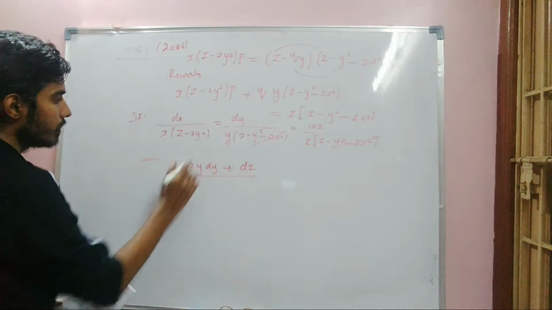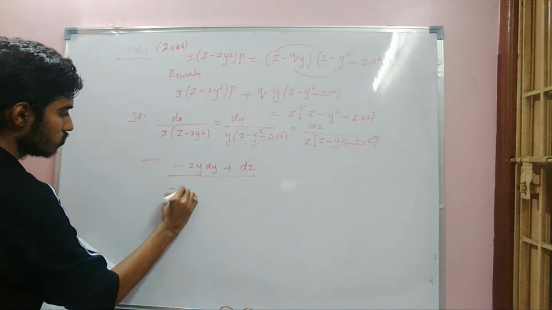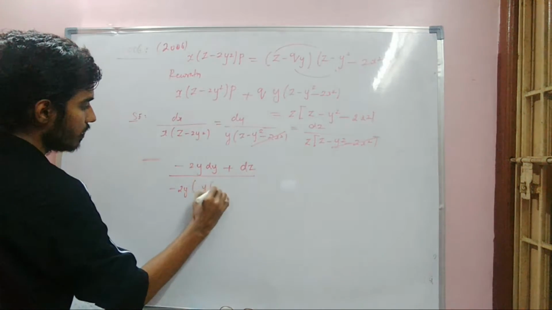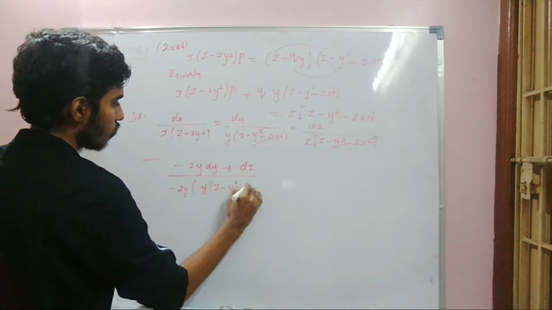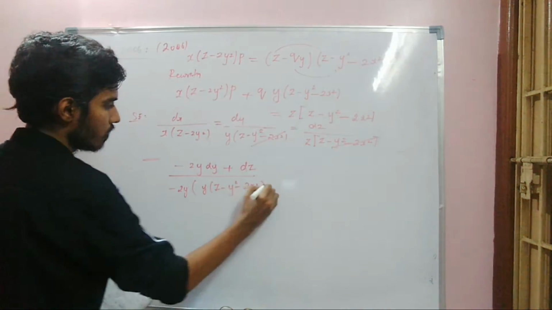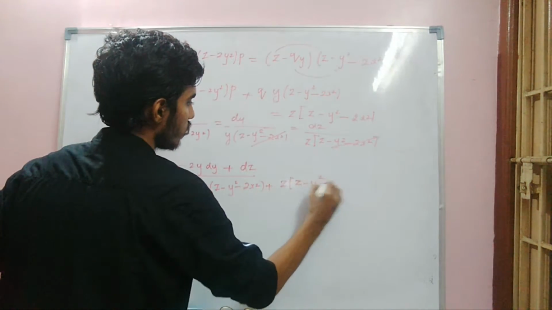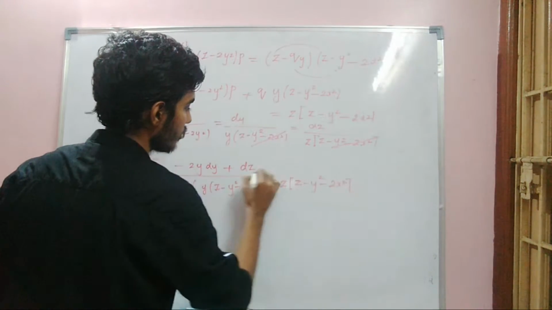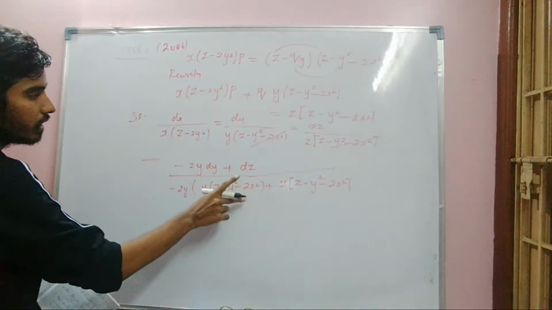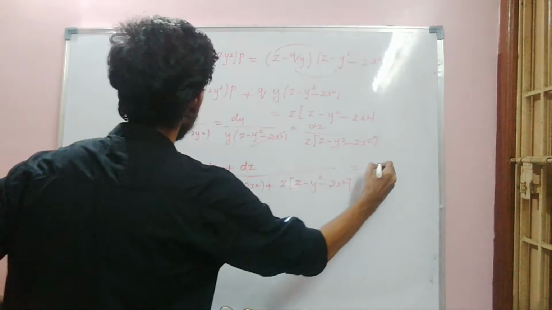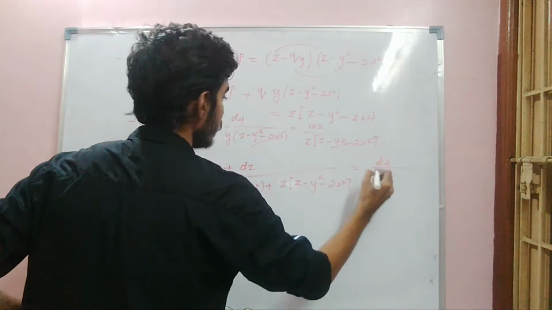So here I am going to multiply with minus 2y, y into z minus y square minus 2x square. I am going to add dz, so z into z minus y square minus 2x square, and then I am going to equate this term to the first term, which is dx divided by x into z minus 2y square.